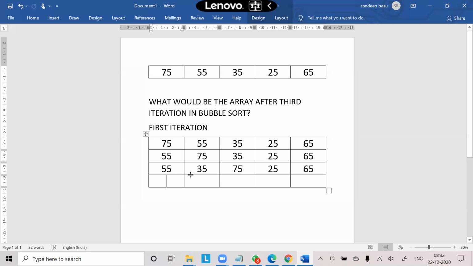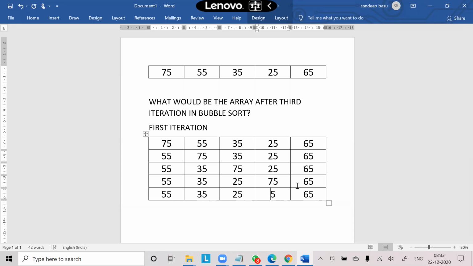Okay. This is my position after first iteration.